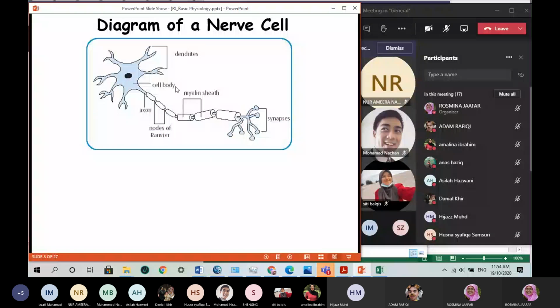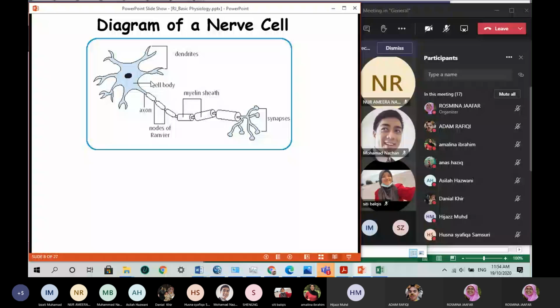Okay, this is the structure of a nerve. As I mentioned, a nerve only conducts signals in one direction. So in the basic diagram of a nerve, it must have a cell body, then the conducting part, which is the axon, and the transmitter part.